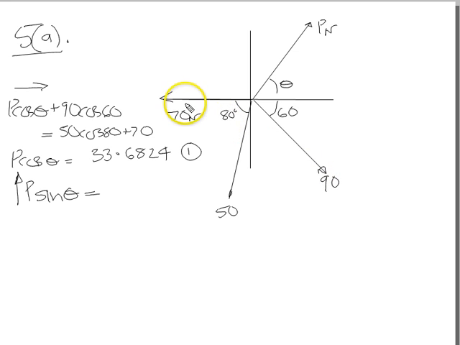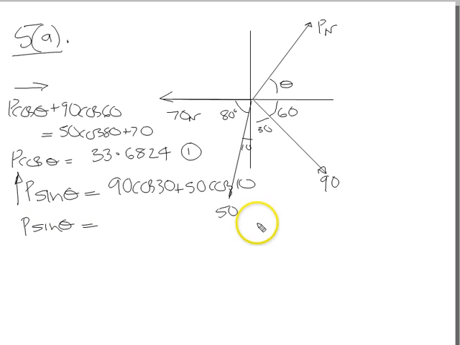Then you've got, that's nothing, it's just a horizontal force, and that would equal the downwards ones, which is 90 cos 30 plus 50 cos 10, isn't it? So P sine theta is equal to 90 cos 30 plus 50 cos 10.